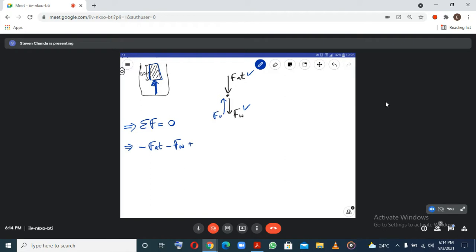You can call it buoyance or an upward force for now, since we've not yet talked about buoyance. So you're going to have zero, the sum, isn't it? Since we're trying to find the upward force, what we're going to do is bring everything else to the right.